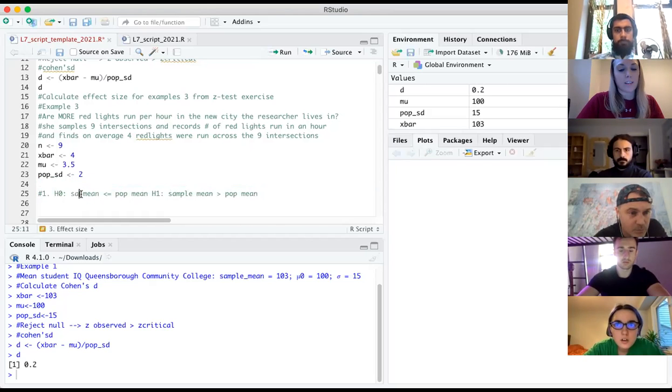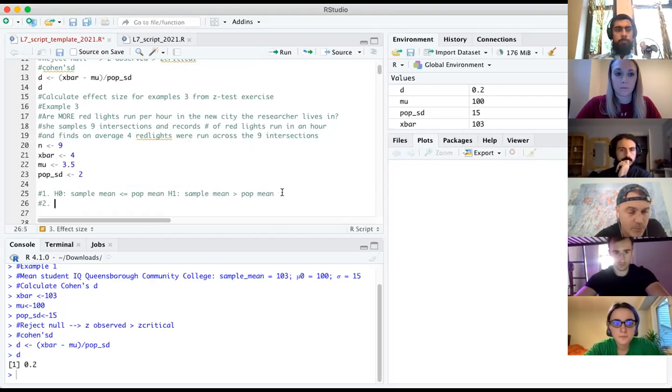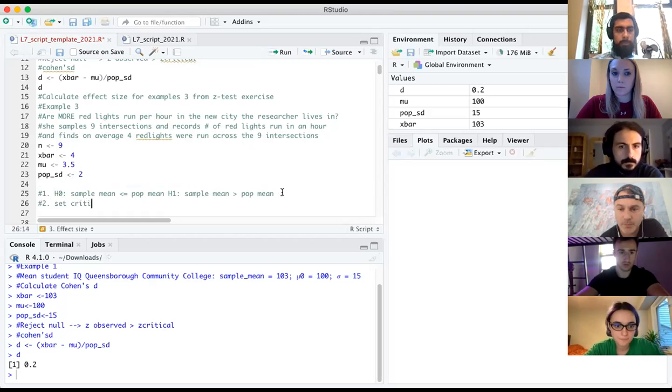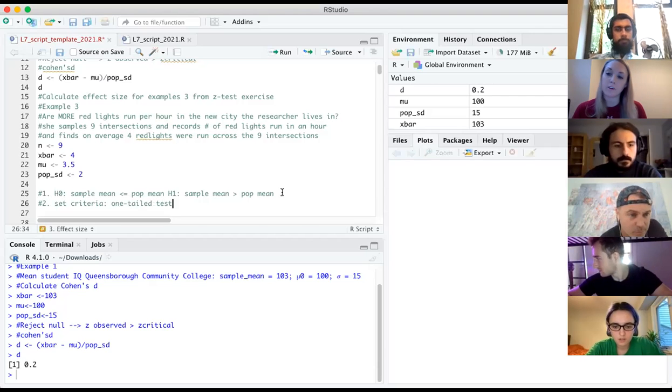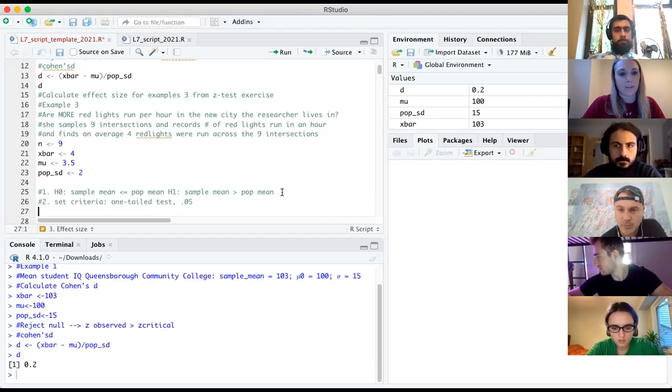Because this is a 1 or 2-tailed test. It's one, because it's more than. So we're going to say 1-tailed test. We always assume alpha 0.05 unless told otherwise. So our criteria, how do we find that?